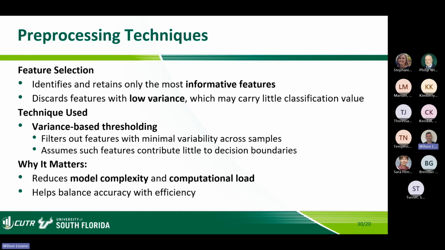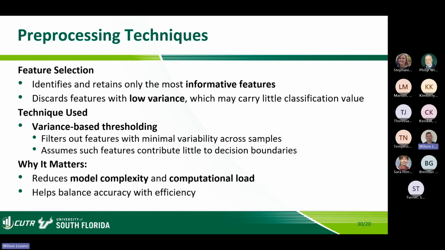The next preprocessing technique, feature selection. Feature selection identifies and retains only the most informative features, those with higher variance, because features with low variance don't provide enough information for the machine learning model to make decisions. So this process basically discards features with low variance.